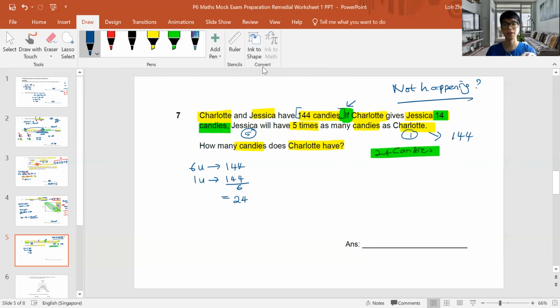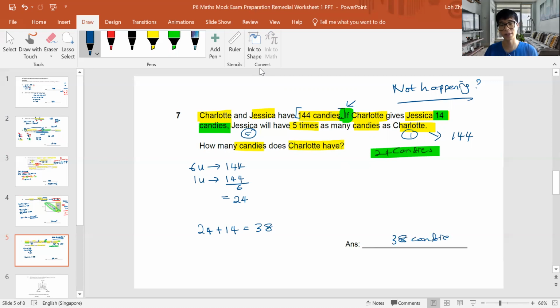So what the question is asking is what she is actually supposed to have without any assumption. You need to find the situation that has no if. That's why you need to use 24 plus 14, because we got 24 based on the if. So in this case we get 38.